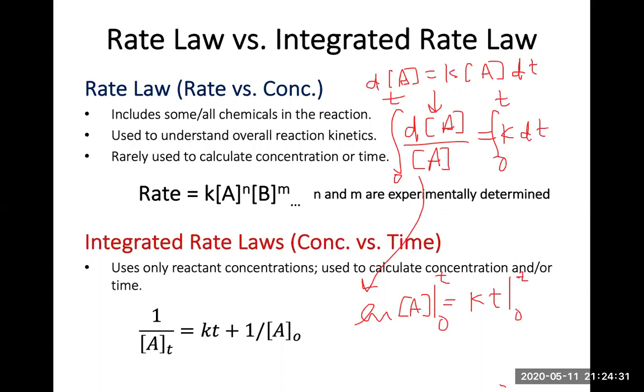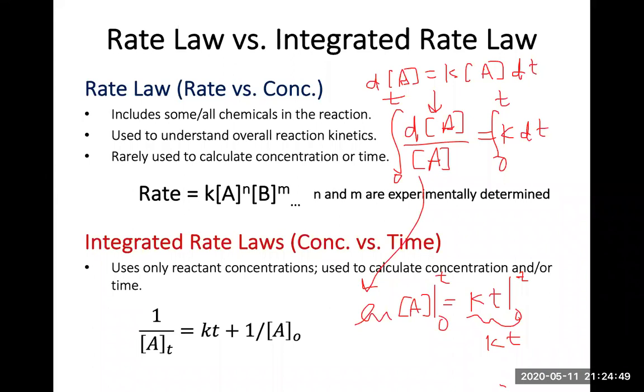That means I would basically have kt minus k times 0, since time at time 0 is basically 0. So this term becomes kt.